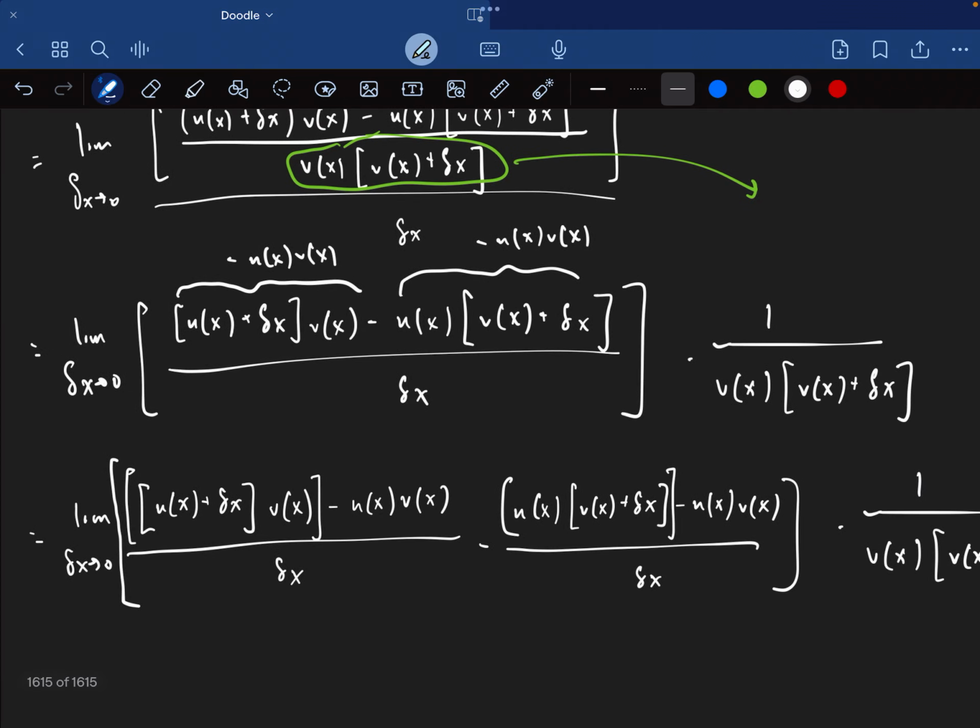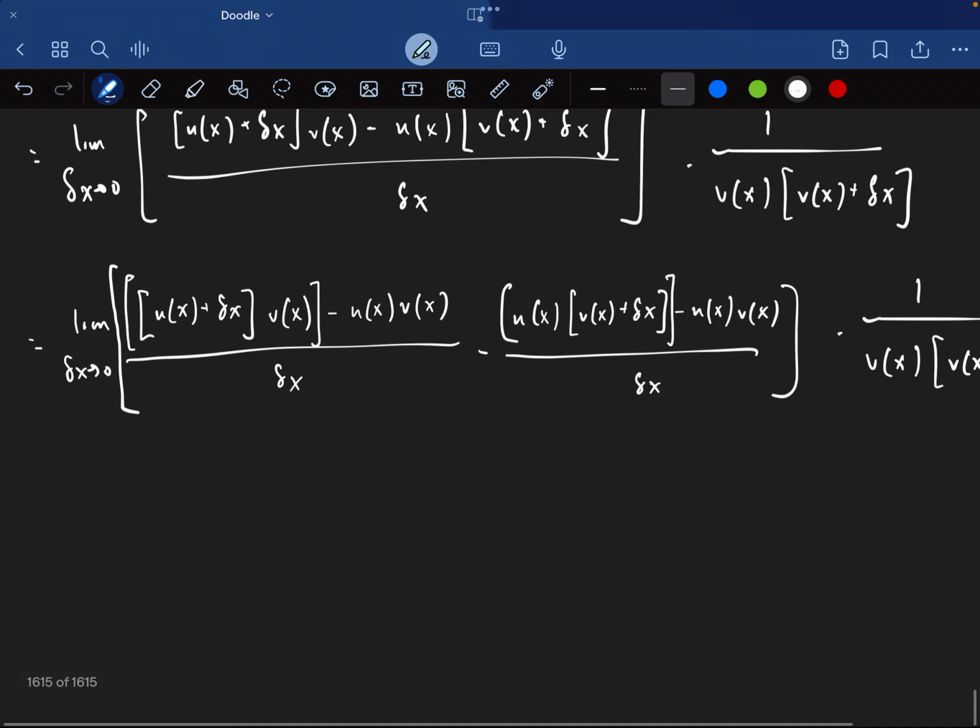Right, so next step, because this term here and this term here have the common term v(x), we can factorize it out. It also applies here, because the common term here and here is u(x).